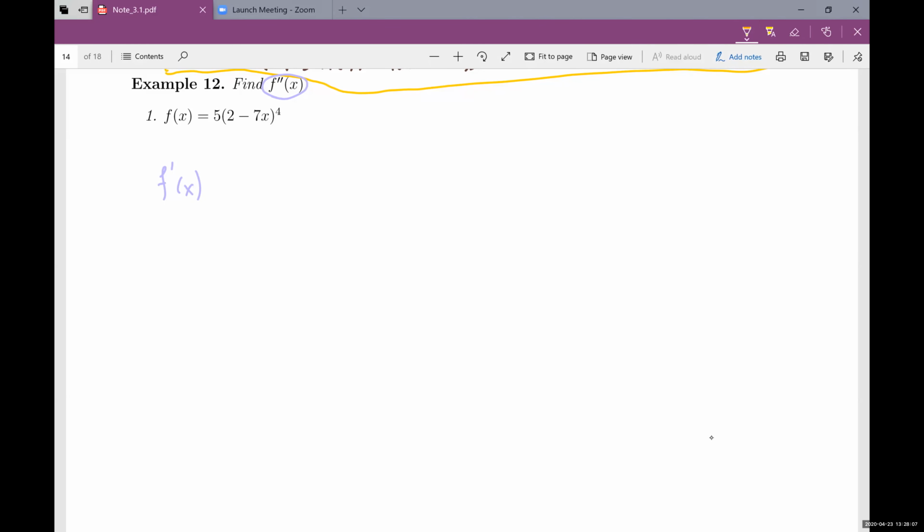And in order to use the chain rule, I just have to find what f of u is. And f of u should be 5 times u to the fourth. And what is u? U is 2 minus 7x. So then f prime of u equals 5 times 4 u to the 3. And u prime is negative 7, right? Because the derivative of 2 is 0.